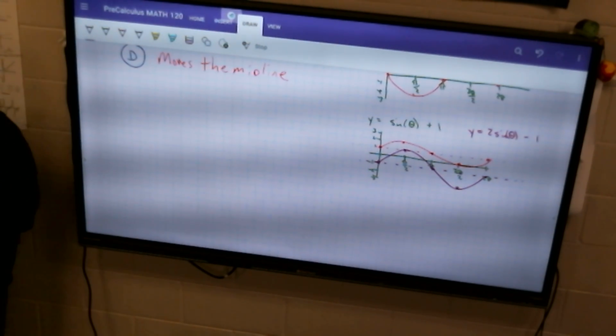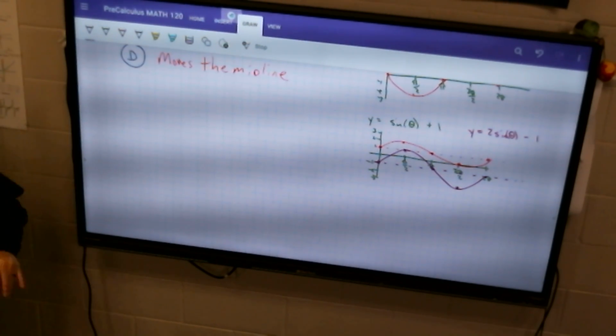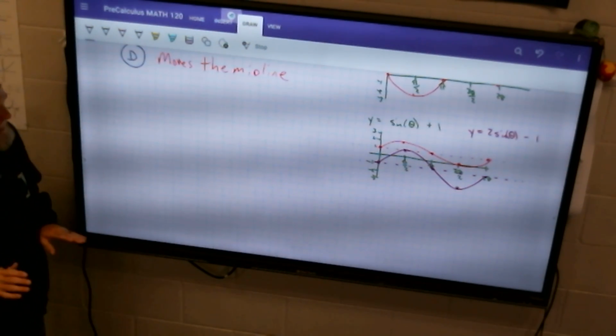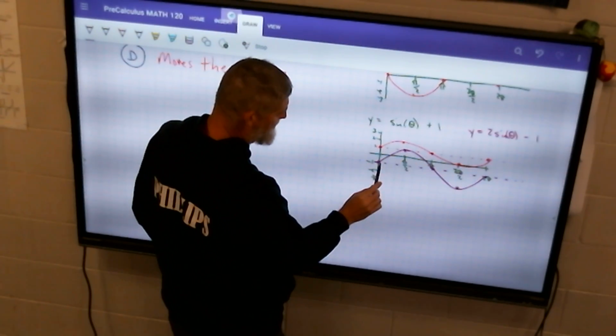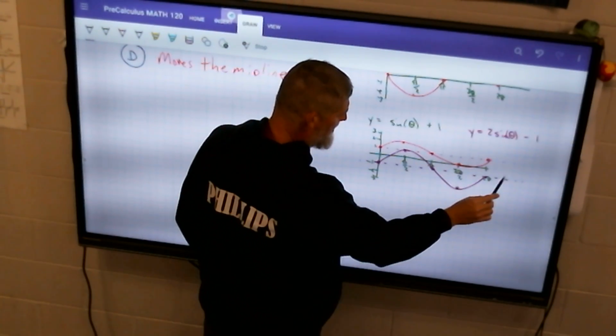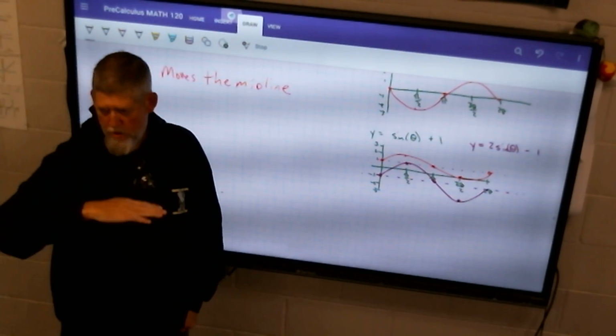Okay, so questions on the midline or the amplitude? Are those the two easy ones? Which part? The negative one? Yeah. So I took the negative one, that's the midline, so now it's down here. That's the easy part, that becomes your new axis.